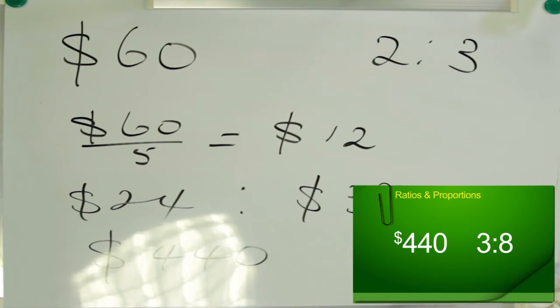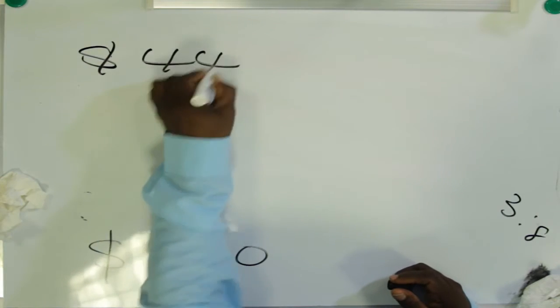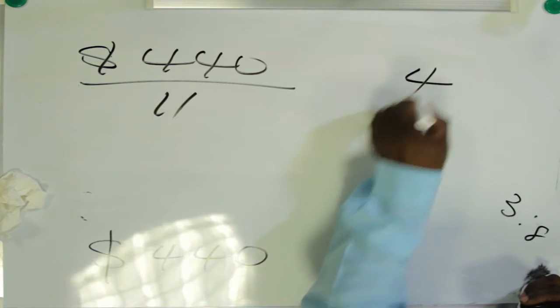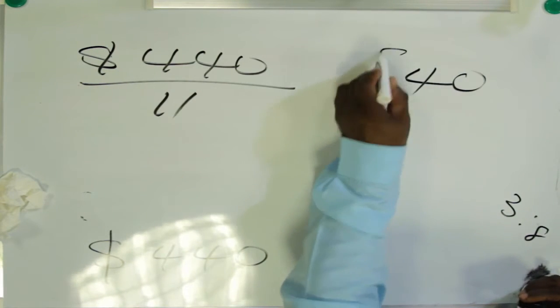Now that you've had a minute and a half in attempting a solution to that problem, let us see if you got the solution to this one. 3 to 8, you have to say 3 and 8 is 11. 11 in a single share. You divide the 440 by 11. 11 into 44 is 4. You'll get $40.